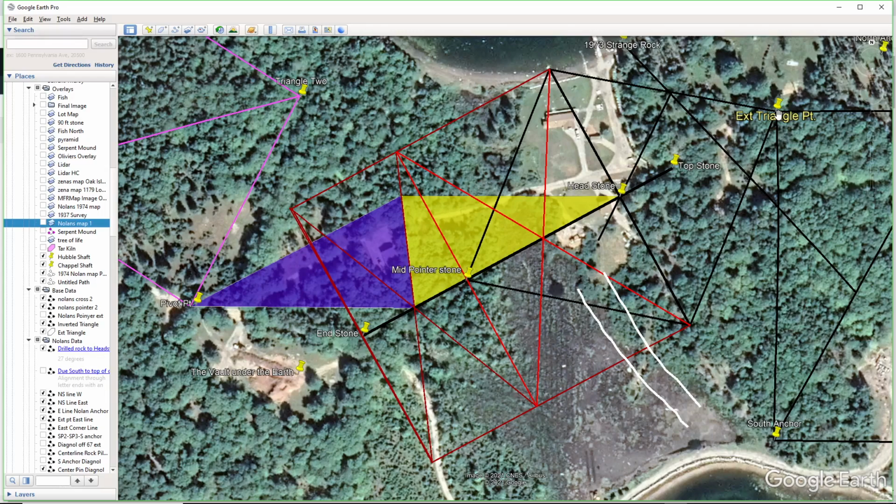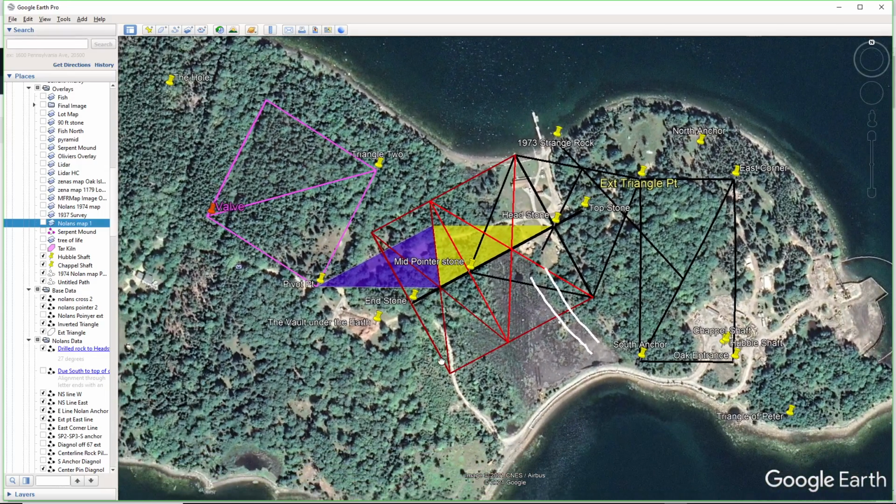It is an interpretation, but without it, I don't see how any of the other numerical values would actually work out. And the numerical values are the two scales that I found with Oliver at Oak Island Research, and also Fred Nolan's data. That's what I'm going to get into in my next videos.